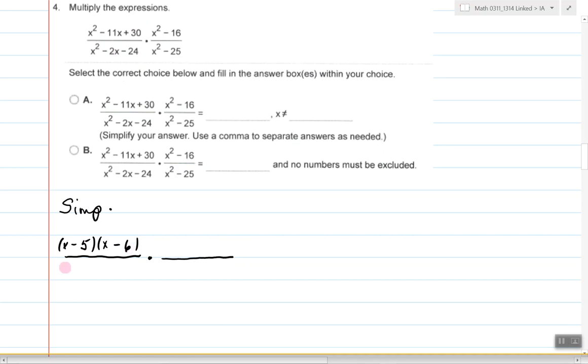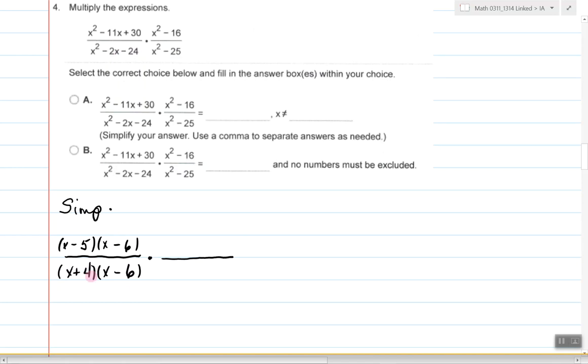The denominator, because the last sign is negative, I know I need 1 plus and 1 minus. I need factors of 24 that have a difference of 2, and I believe they will be 6 and 4, and I want the bigger one to be negative, so minus 6 and plus 4.